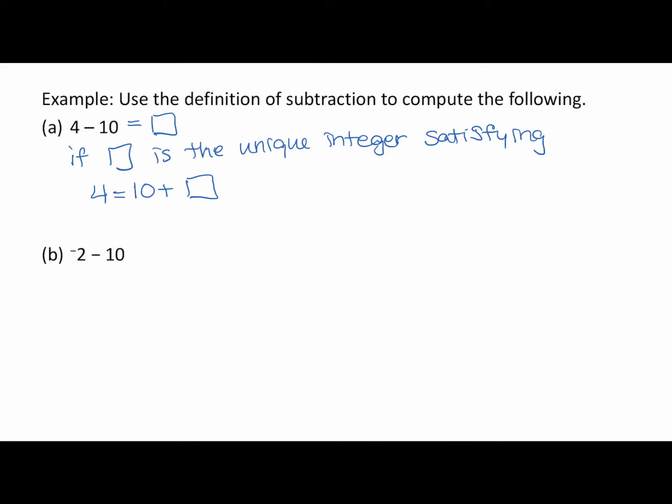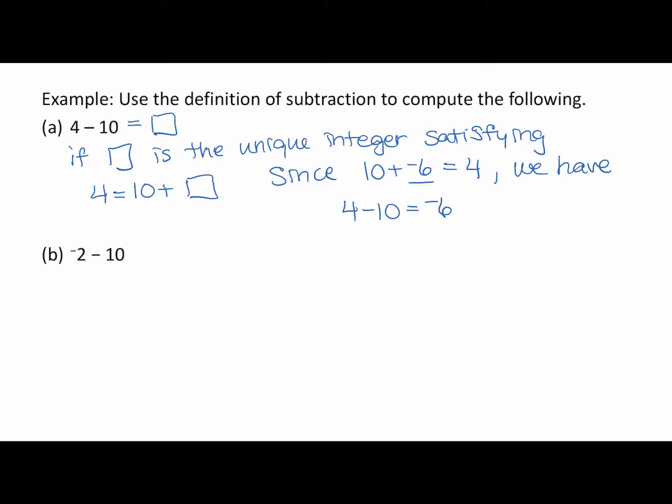So what's the integer that I need to add to 10 to get 4? Well, 10 plus negative 6 equals 4. We have 4 minus 10 equals negative 6.